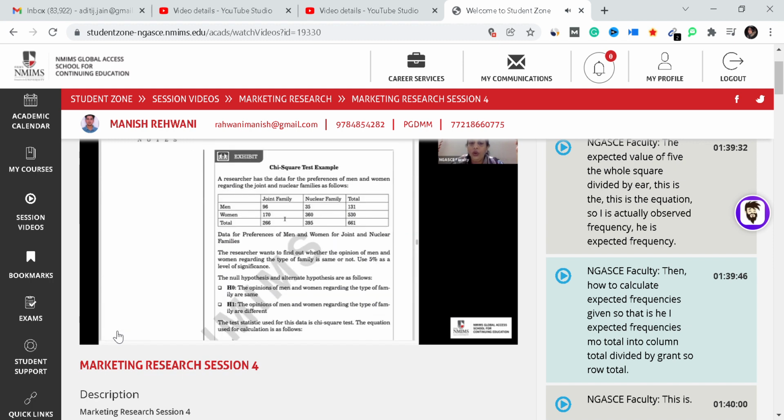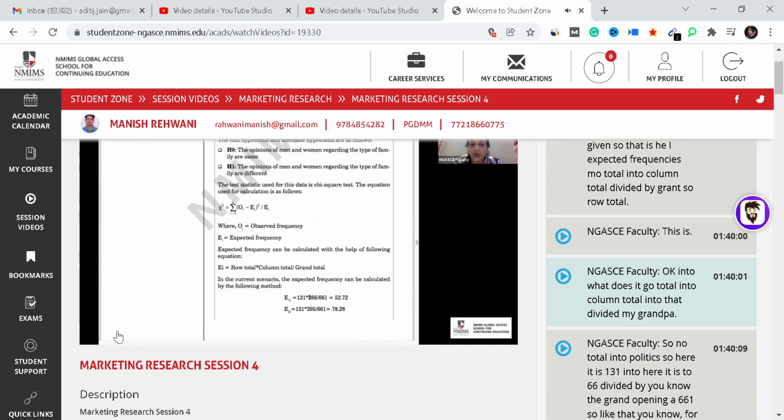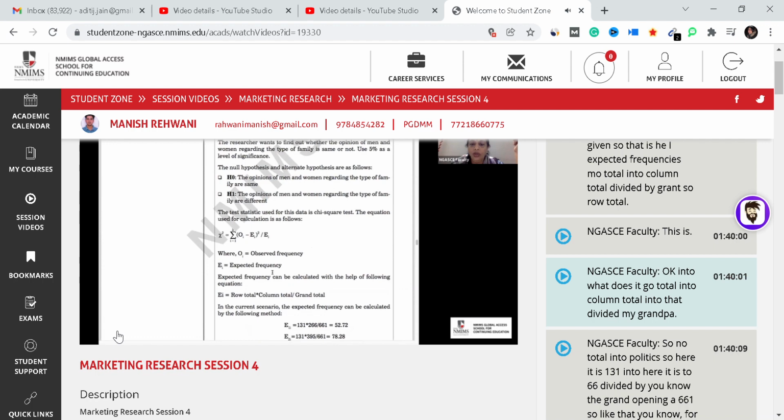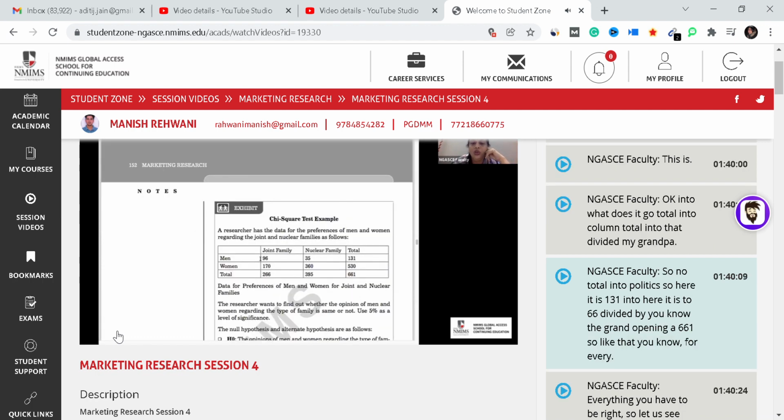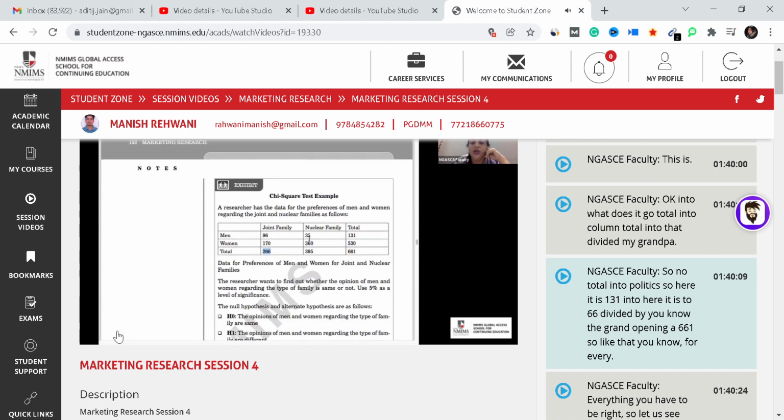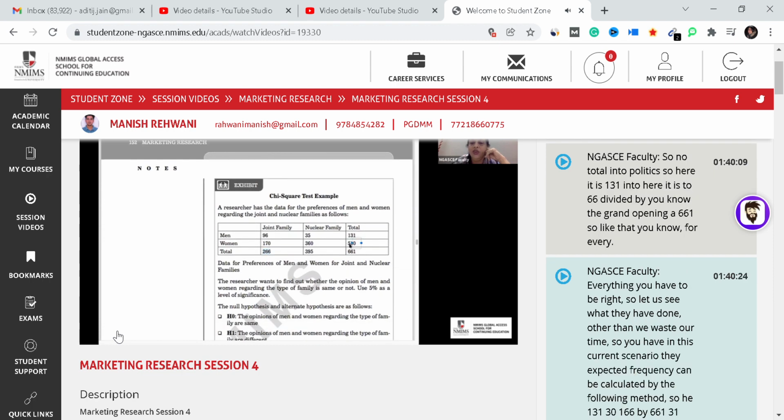So row total, this is the row total. Okay, into, what is it? Row total into column total divided by grand total. So row total into column total. So here it is 131 into, here it is 266 divided by the grand total, right? 661. So like that, for everything you have to take, right?